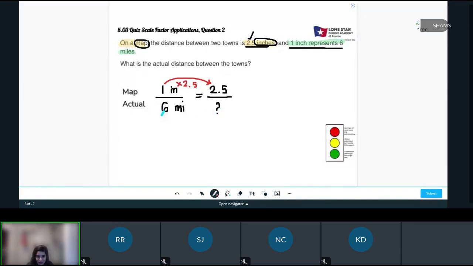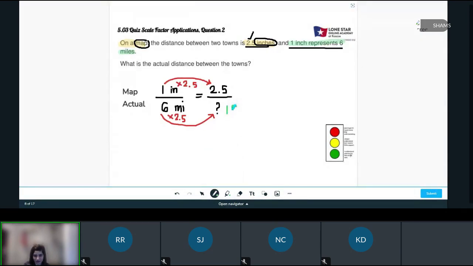Same for the denominator, from 6 to this missing number, you should multiply by 2.5. 6 times 2.5. Go do 6 times 2.5. How much do you guys get? 6 times 2, and then add another half of 6. 15. Yeah, 15 is the right answer. And that is going to be 15 miles.